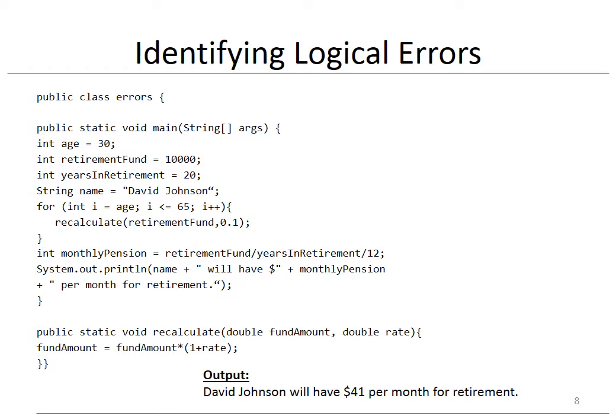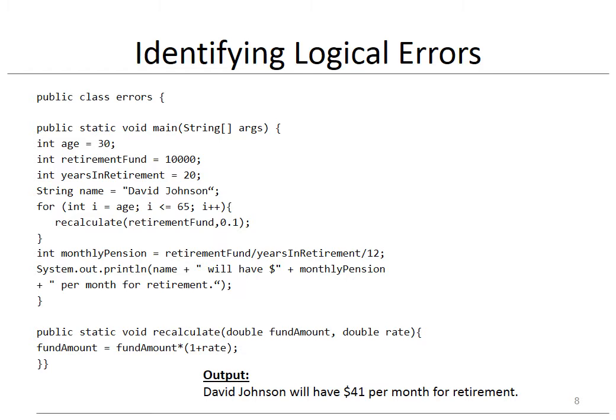So let's first try to sort out where this program went wrong. We know the return rate is not being calculated correctly. If you carefully look at the method recalculate, you will see that it returns nothing or void, which is incorrect.